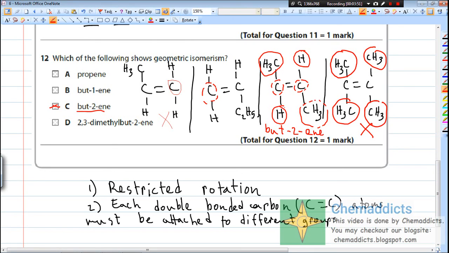The only molecule in which geometric isomerism is possible is butene. So the answer should be C, butene. That is why butene undergoes geometric isomerism.